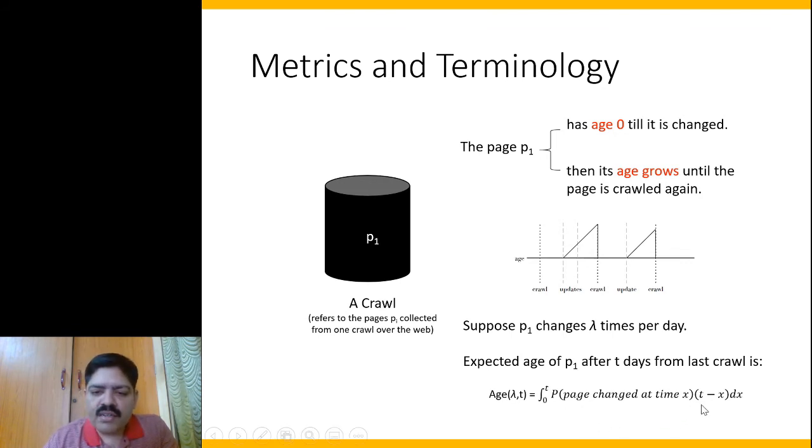Here you can notice that t minus x is the age of the page, because it's t days from the last crawl, right? That's why we have t minus x over here. So the expected value is simply this.